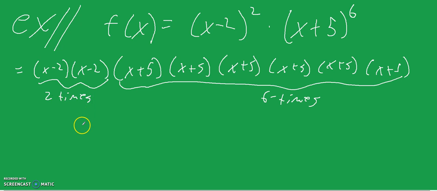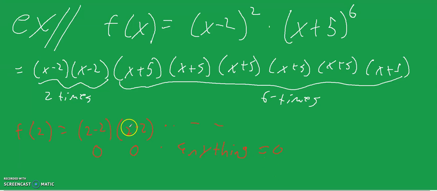Now, if I plug in a 2 to this function, so let's look here. If I do f of 2, I'm going to get 2 minus 2 times 2 minus 2 times all this stuff down here, but these guys are 0, right? And if I have 0 times anything, it's going to give me 0.